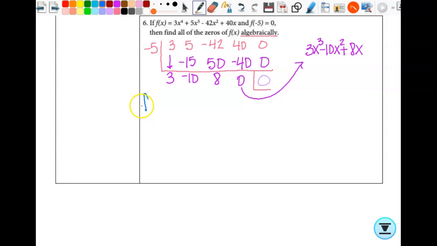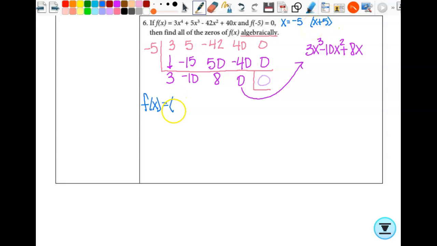So f of x equals, well, what would I have to multiply this by to get this back? X plus 5. Good. So since f of negative 5 is 0, that means that one of my zeros is x equals negative 5, which means that x plus 5 is a factor.